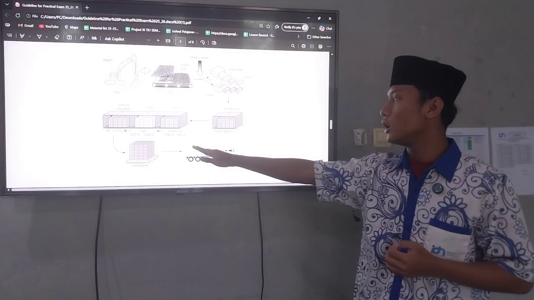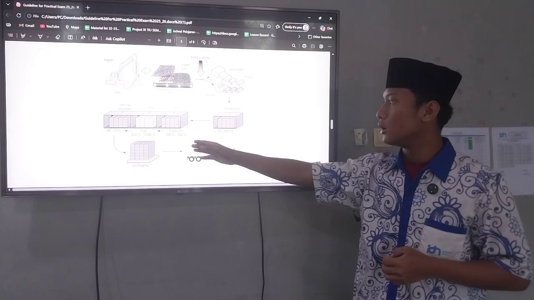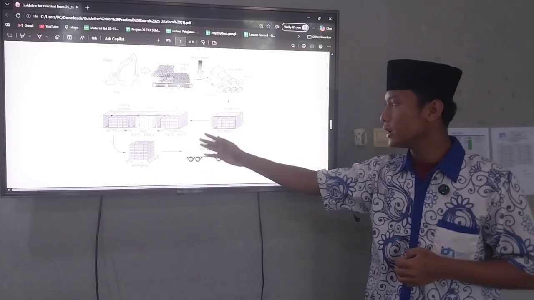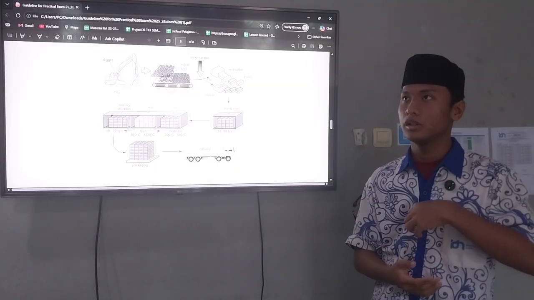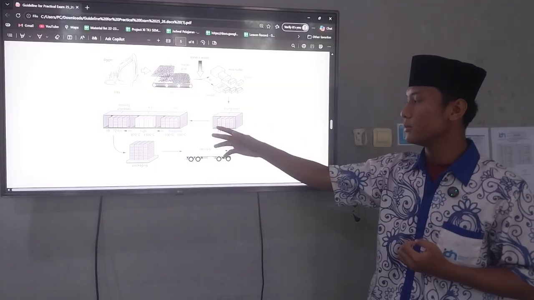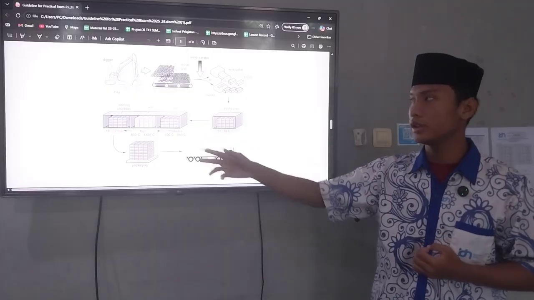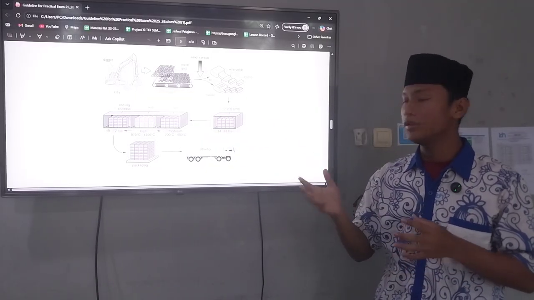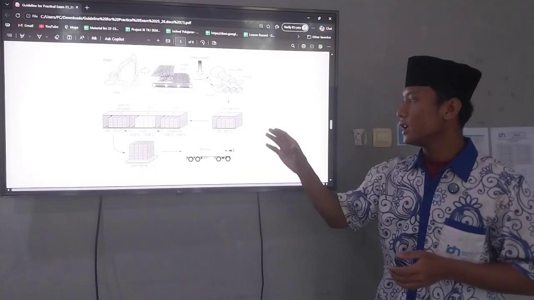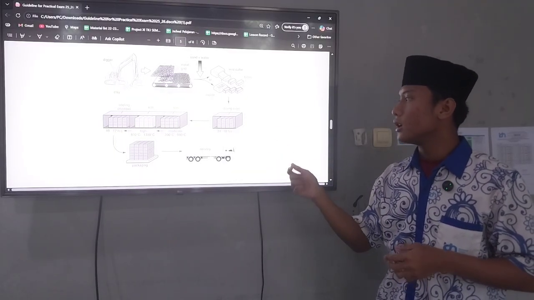Of course, after the brick is hit by high temperature, the brick has a high temperature. So the cooling chamber is for reducing the temperature of the bricks. So after 3 days, the next step is the packaging.